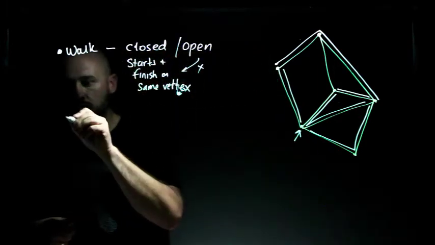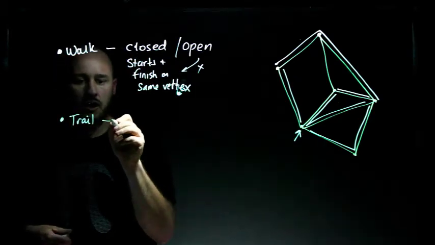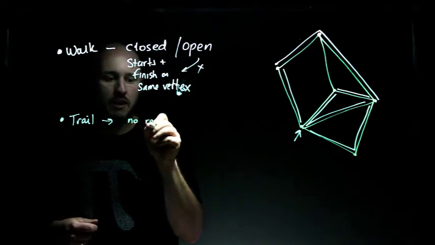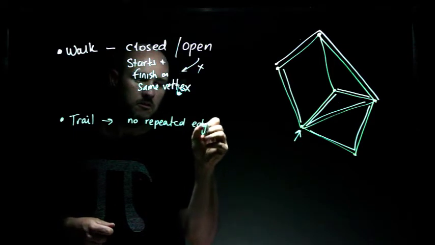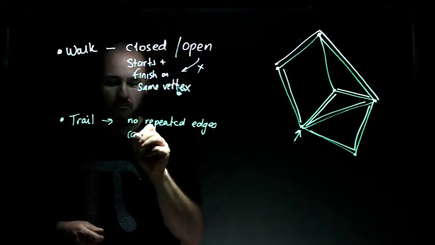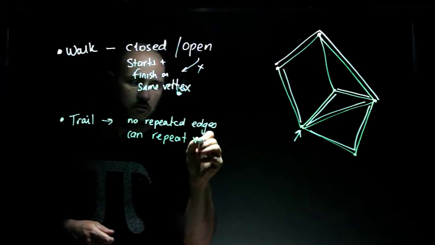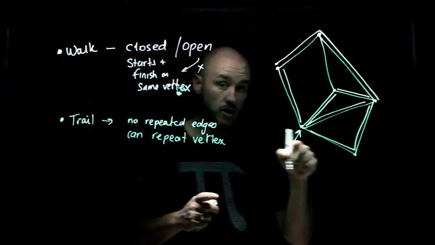So a trail is a situation where you have no repeated edges, but you can repeat vertices. So that's a trail.